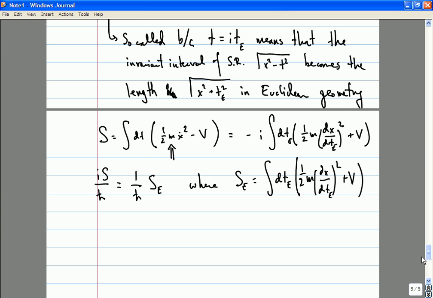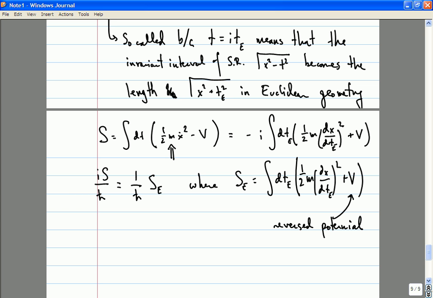And the Euclidean action is identical to the usual action, except for an overall coefficient out front, which doesn't change the equations of motion, and for the fact that the potential has changed sign.